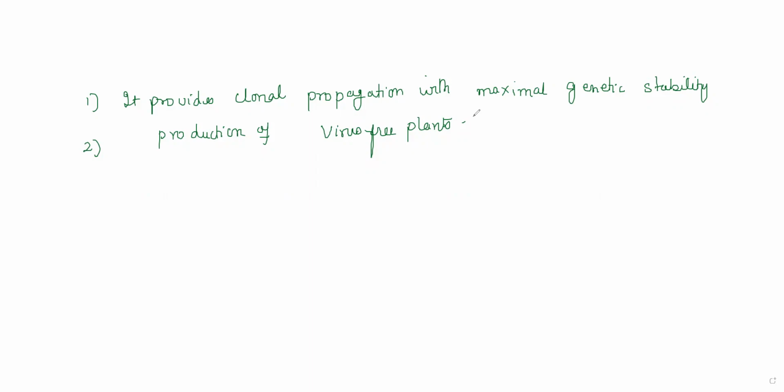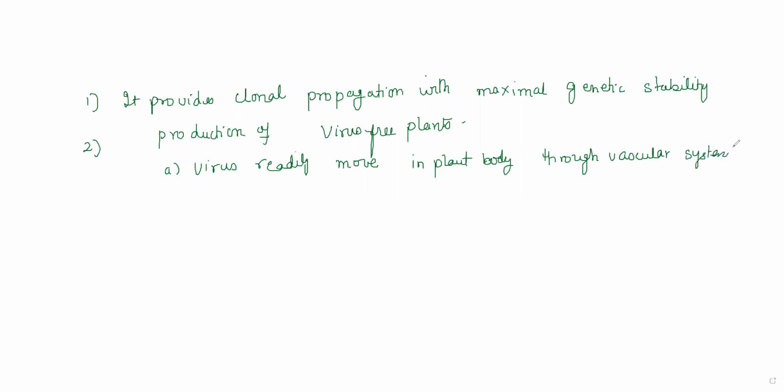The reasons proposed for the escape of the meristem from virus invasion are, first, the virus readily moves in the plant body through the vascular system, which is absent in the meristem.